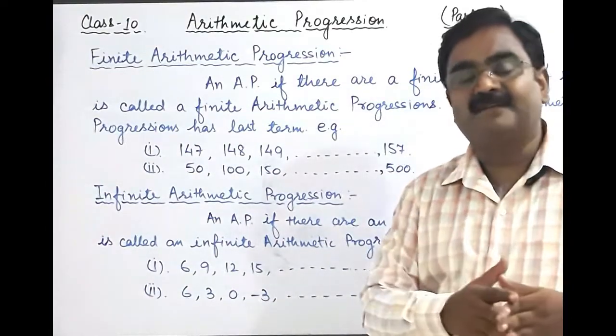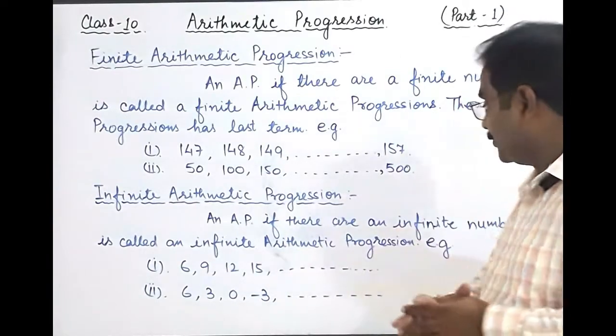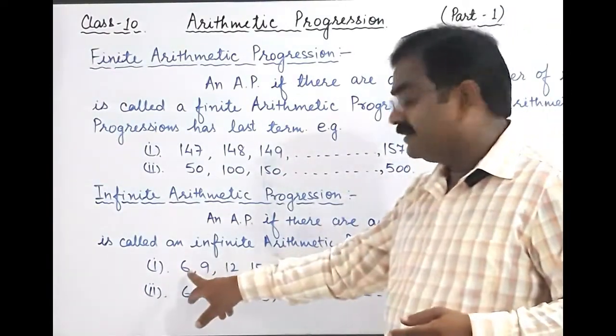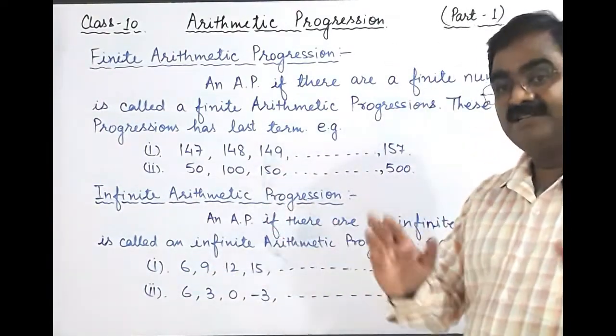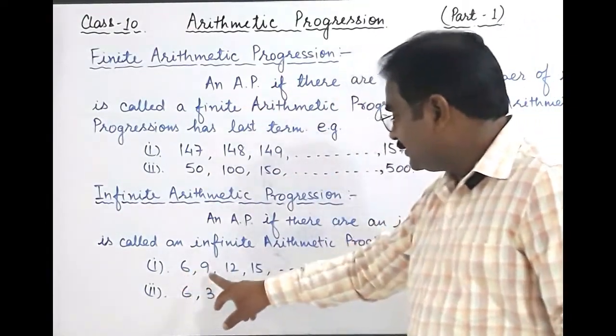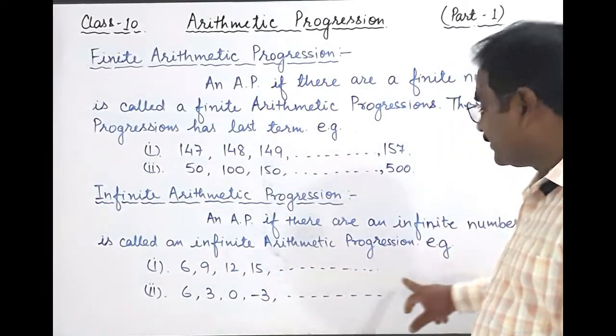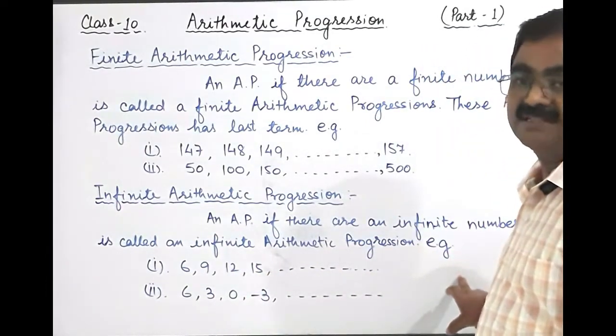So that progression is called infinite arithmetic progression. For example, it has no last term because there is no end of this progression. So 6, 9, 12, 15, etc. no end of this series.